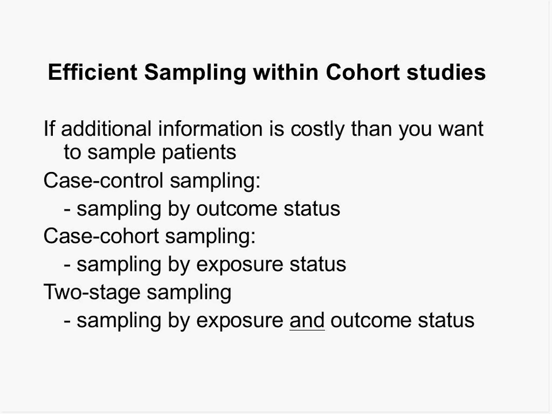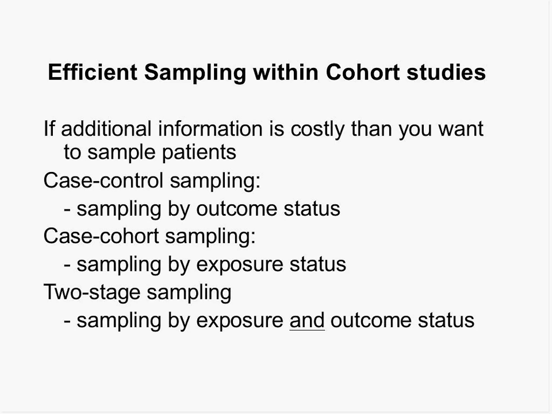Keep in mind the crucial difference between this efficient sampling and the two approaches that I showed previously: the efficient sampling, when you sample by the cases, by the outcome status, is specific to your application, right? It works, it's efficient, but it's specific to your application.